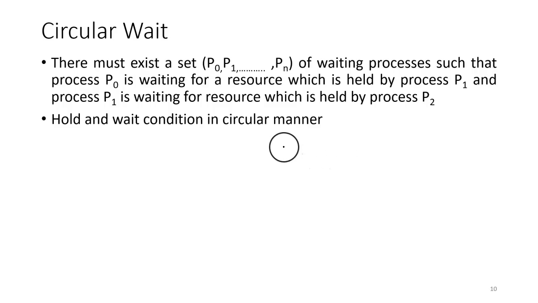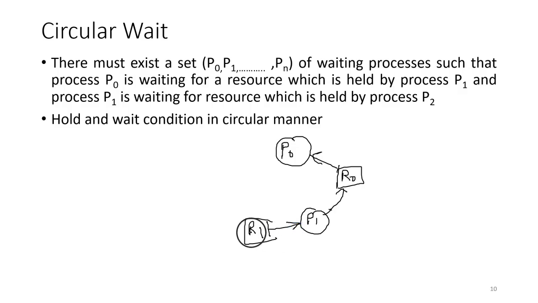We can say process P0 has held resource R0. R0 is requested by process P1, and P1 has held resource R1, and R1 is requested by P2, and P2 has held resource R2, and R2 is requested by P0.